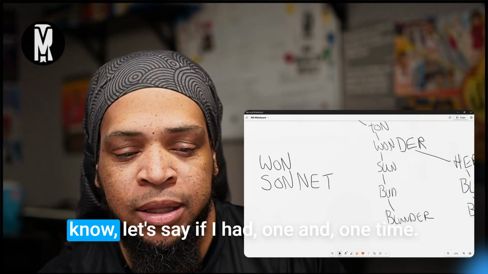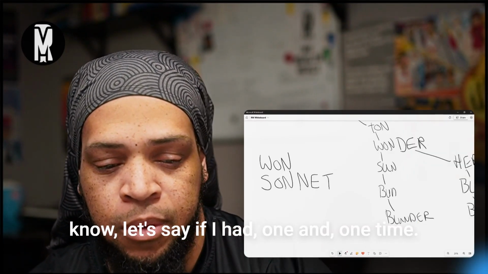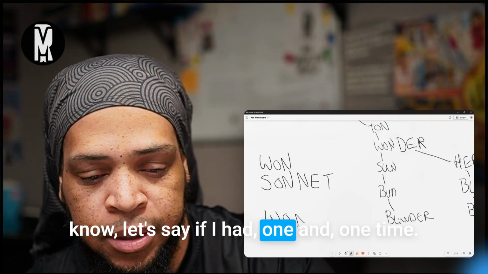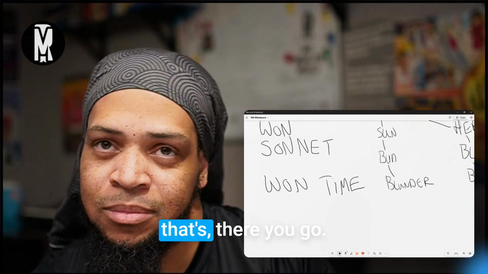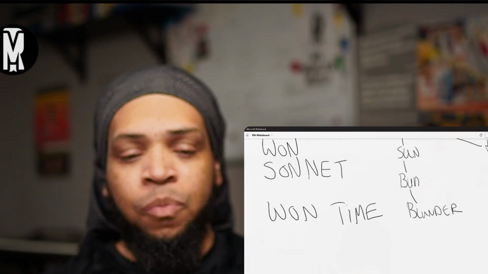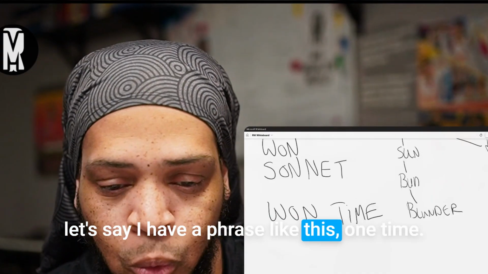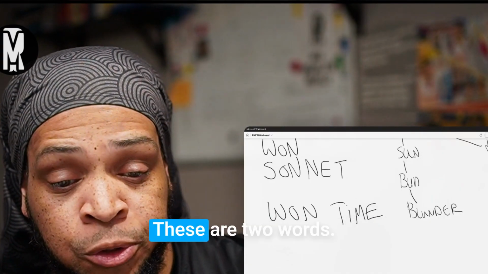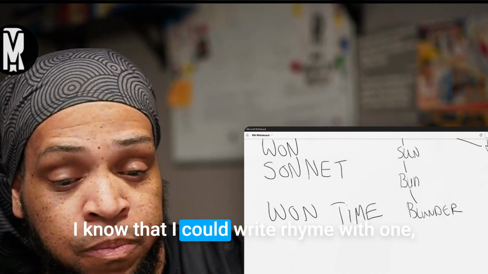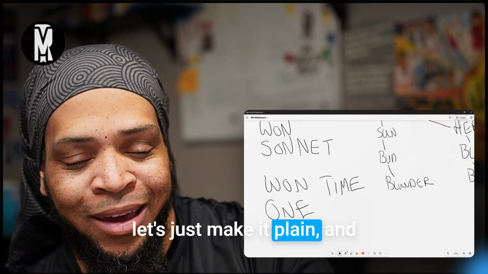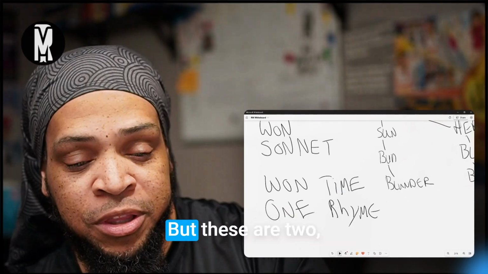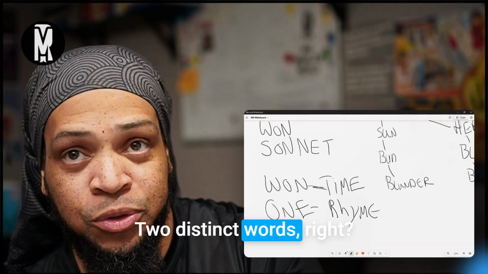So I know, let's say if I had one and one time, there you go, one time. Let's say I have a phrase like this, one time. These are two words. I know that I could rhyme with one, just make it plain, and then rhyme with this one. But these are two distinct words, right?